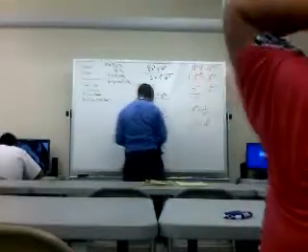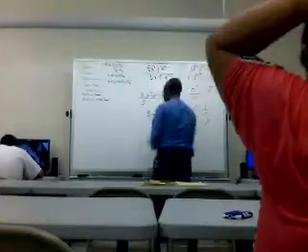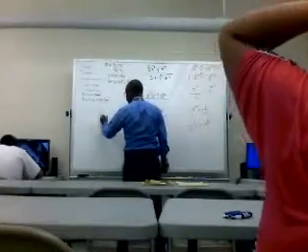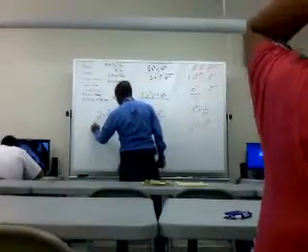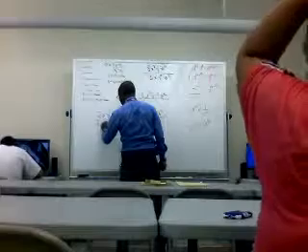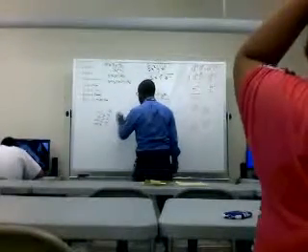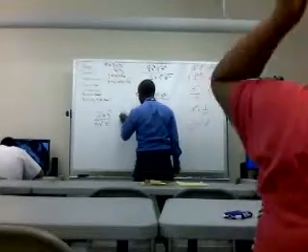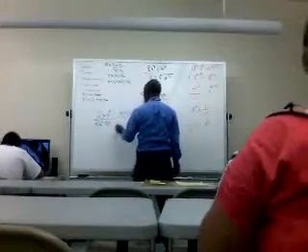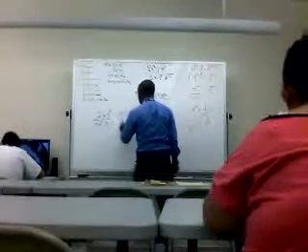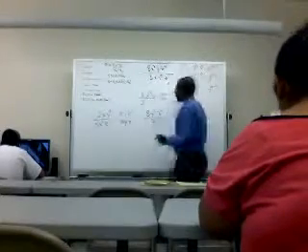You may have something like, we'll do a different color, you may have something like this: 2xy to the third over 5x squared z times, let's see, 6yz to the third over 4y, no, x, y, z, something along that line.